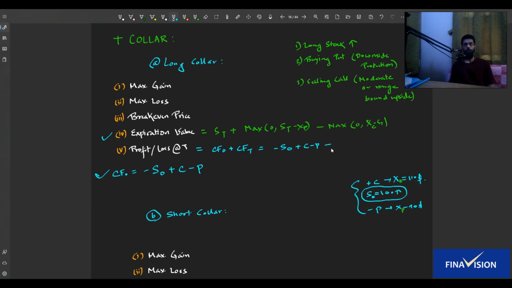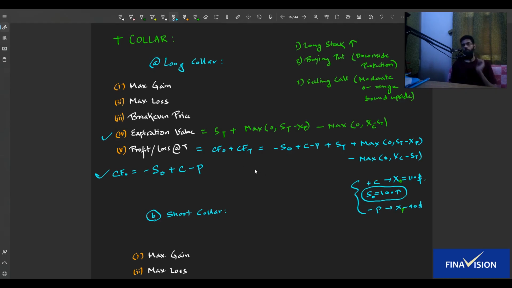This is equal to plus ST plus max of the put value, that is 0 comma XP minus ST, minus the value of the call option, max of 0 comma ST minus XC. This is the profit or loss at time T.